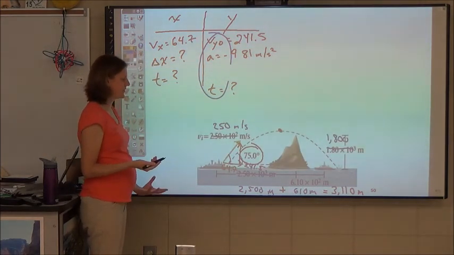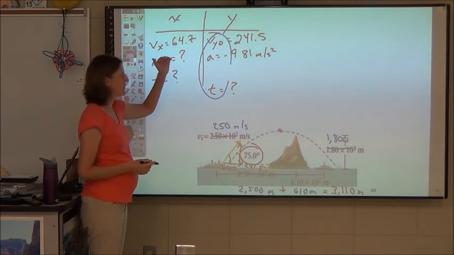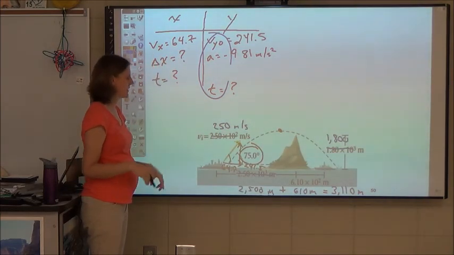So starting out with still the same basic information, I know my x and y velocity components, I know gravity's there, that's about it.